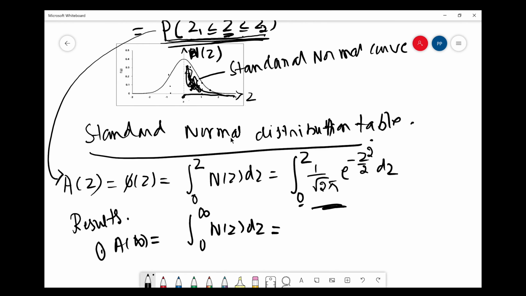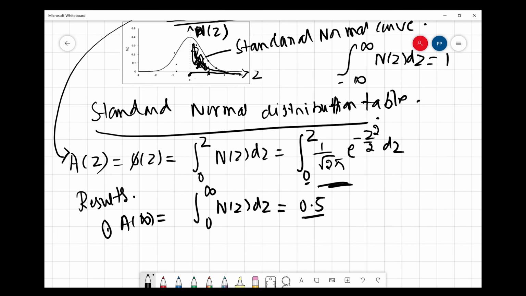We know that the complete area equals 1, that is, the integral from minus infinity to plus infinity of n of z dz equals 1. Therefore, this area is equal to 1 by 2, half of that, because the curve is symmetric about this line. 1 by 2 on this side, 1 by 2 on this side. That means this is equal to 0.5. So A of infinity equals 0.5.